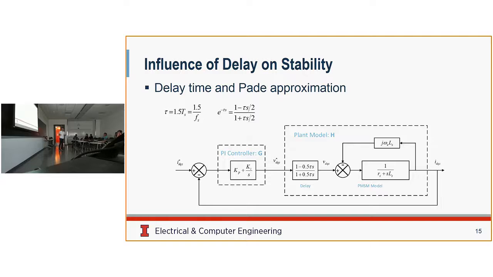So the total delay time is actually 1.5 times the sampling period. And then we use the Padé approximation to get a rationalization of the delay function.